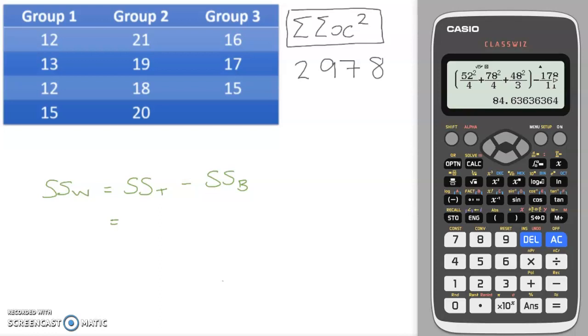Okay, so thinking back then to our sums of squares total, we had that as 97.636. And for our betweens value, we had 84.636.